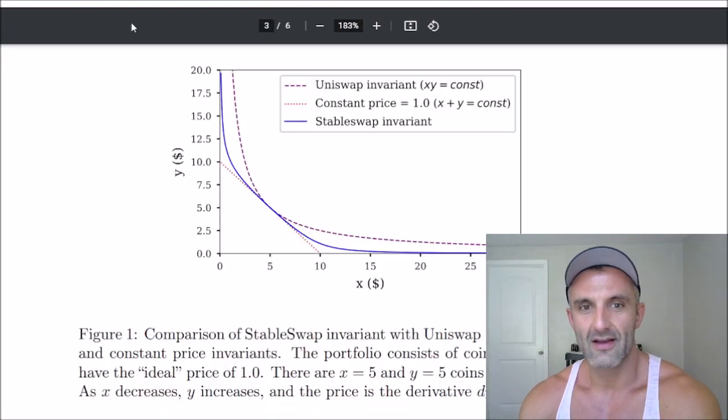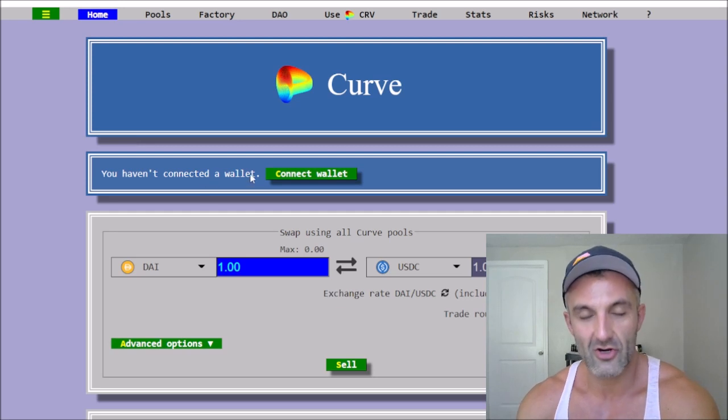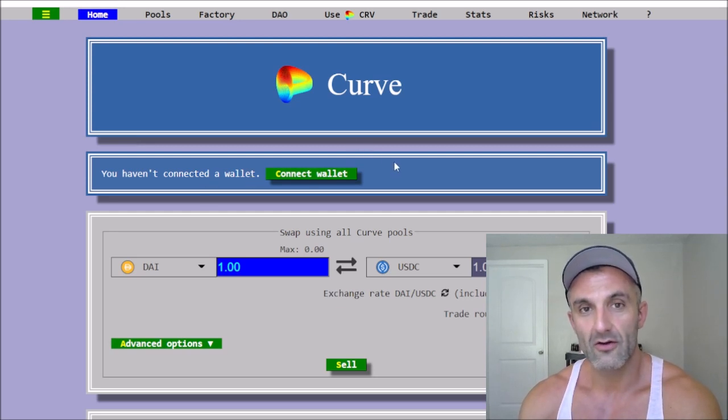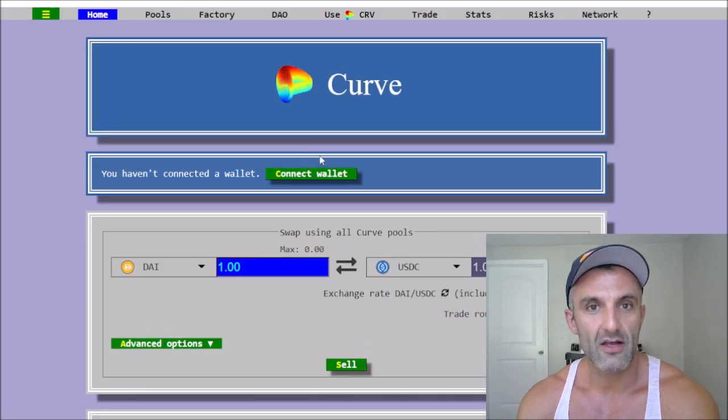So, I was curious, how does something like Curve look relative to PulseX? Not in terms of the look and feel of their site, but in terms of people who are actually traveling to their website.